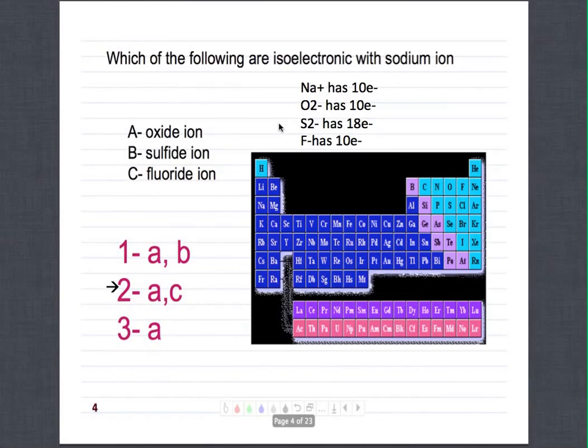It has 9 electrons plus 1, that's 10 electrons, which makes sodium isoelectronic with oxide and fluoride, so A and C, so 2 is the right answer. I'll give you just 1 minute.